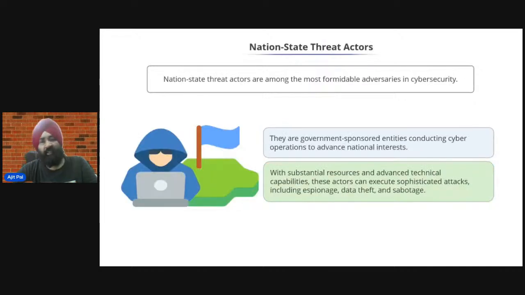Then nation state threat actors. Oh, this is crazy. Nation state threat actors are among the most formidable adversaries in cybersecurity.